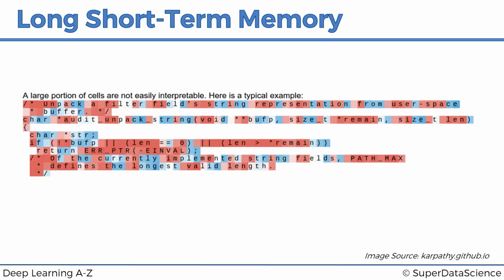And then here's an example of a cell that you can't really understand what it's doing. And according to Andrej Karpathy, about 95% of the cells are like this. They're doing something, but it's just not obvious to us what is happening. It's like that example of CNNs where the filters or the features that we're looking out for, by the time they get to the last layer, they're completely unrecognizable to the human eye, but they make sense to the machine.